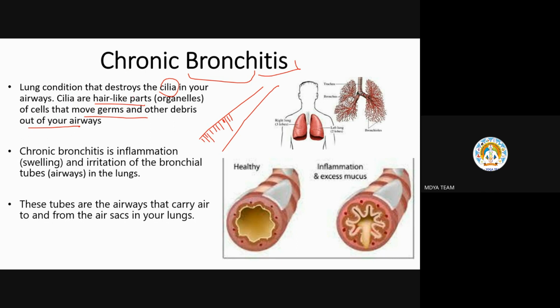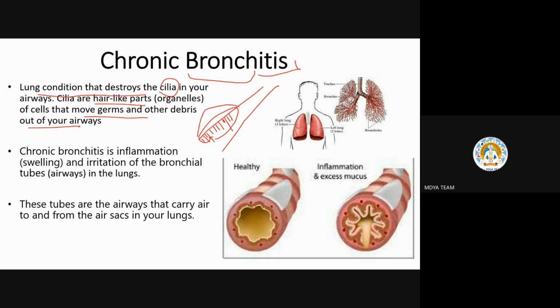So their work is very important. When these cilia get destroyed, in this condition, in chronic bronchitis, these cilia also get destroyed. Therefore it is written that it is a lung condition that destroys the cilia in your airways, which is very important for us because it removes all the debris particles and does not let them go inside.